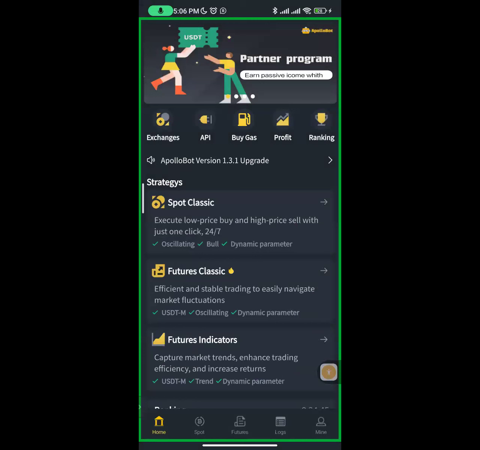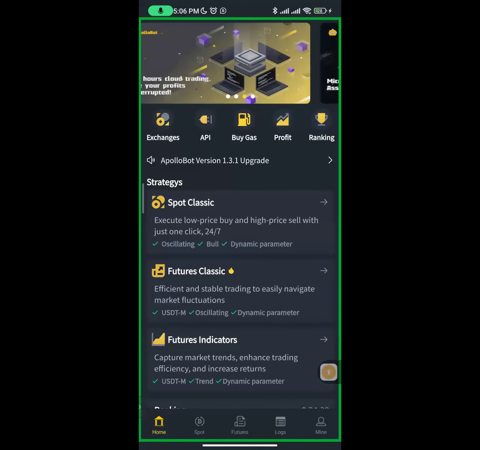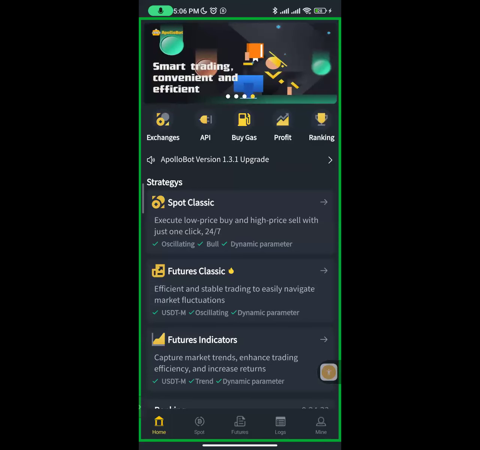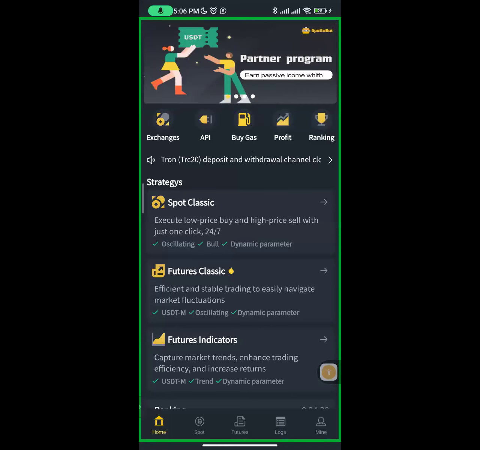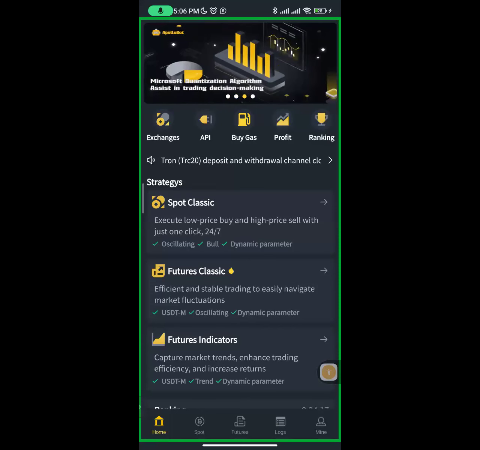Number two, the compensation. What are the charges? Apollo has its commission as you trade. That's the trading deal: you download it for free, connect it for free, no charges for registration. But as the robot makes money for you, there is a commission plan. It takes 10% from the deal.